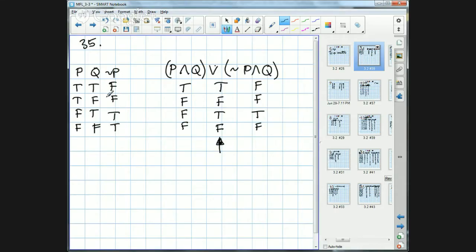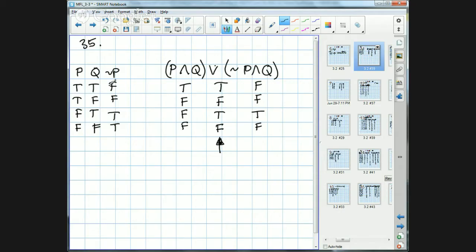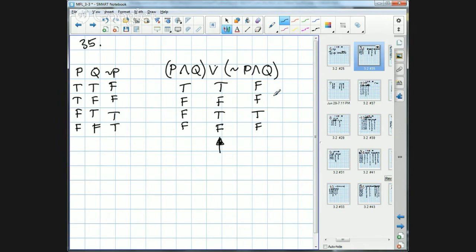I had under Q, I had F, F, T, F. Oh yeah, the first entry for Q, on the far right-hand side. Oh, so instead of copying it, you had, I see. I had F, F, T, F under Q. Maybe that's where I made my mistake. It looks like it is, because it's supposed to be T, F, T, F.